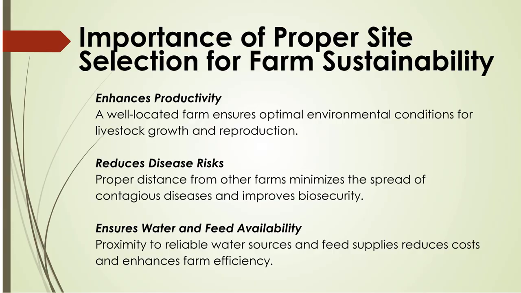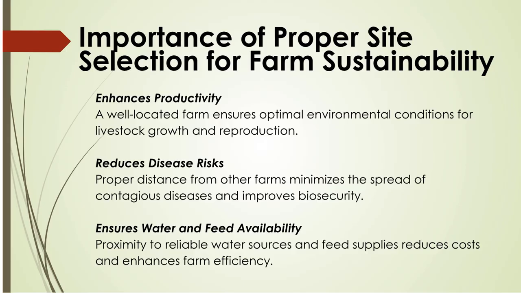Okay. Next, to ensure water and feed availability, meaning proximity to reliable water sources and feed supplies. If we want to build a farm, for example, for cattle or other small ruminants, the most important things you have to look at are water sources and also feed supplies.